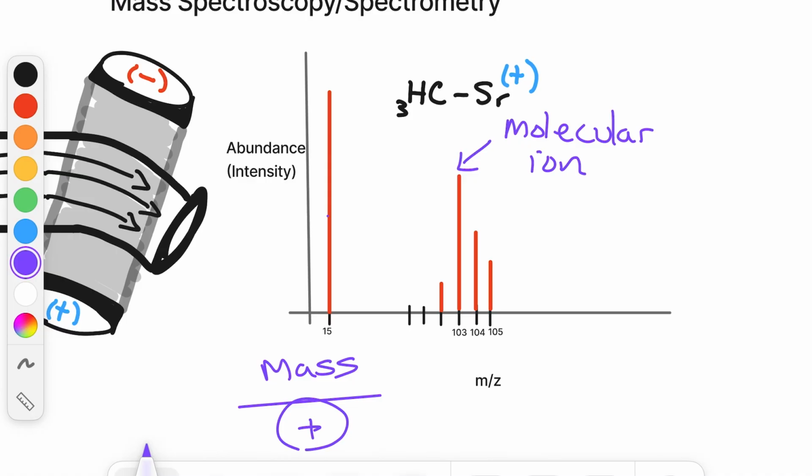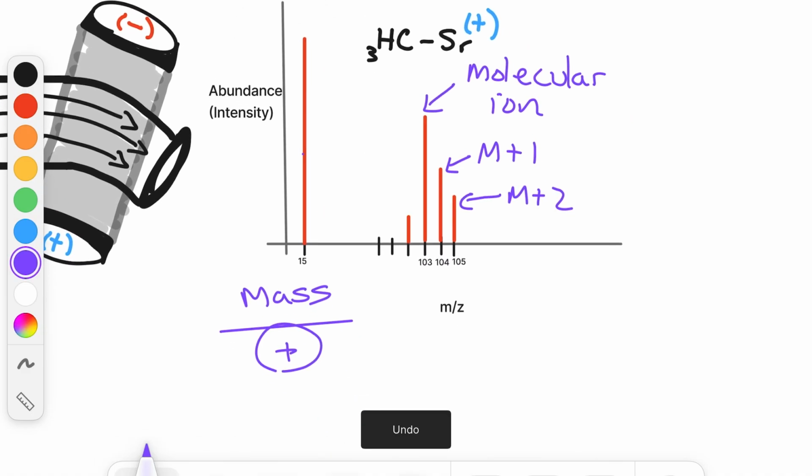Now we also have these spikes next to it. This spike right here at 104 would be called the M+1, or molecular ion +1, and then this one would be M+2. Now the +1 and the +2 go to the mass.